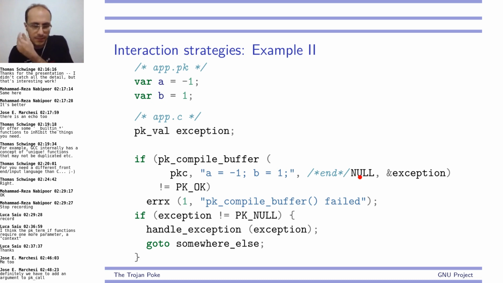And this is null, non-important, and this is the exception. If during the execution something bad happened, it will notice that. So for all things we have to check compile time errors, and here runtime errors. If the exception is not pk null, handle it and go to somewhere else.